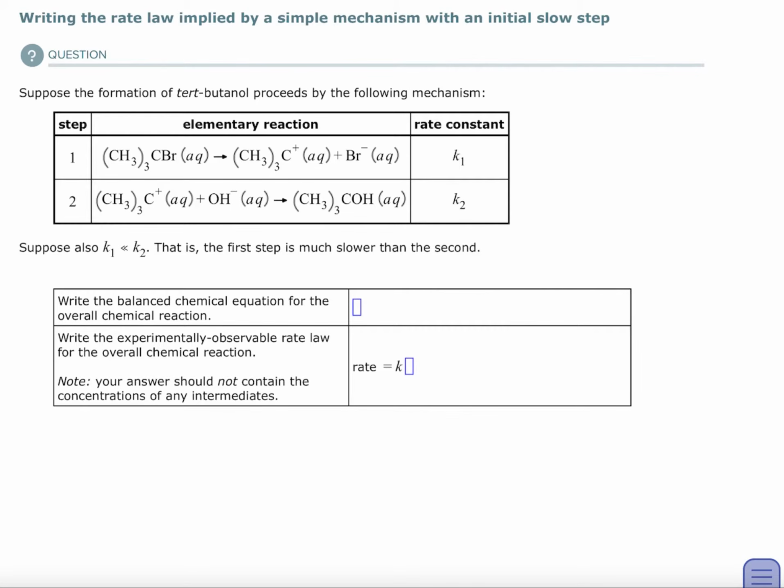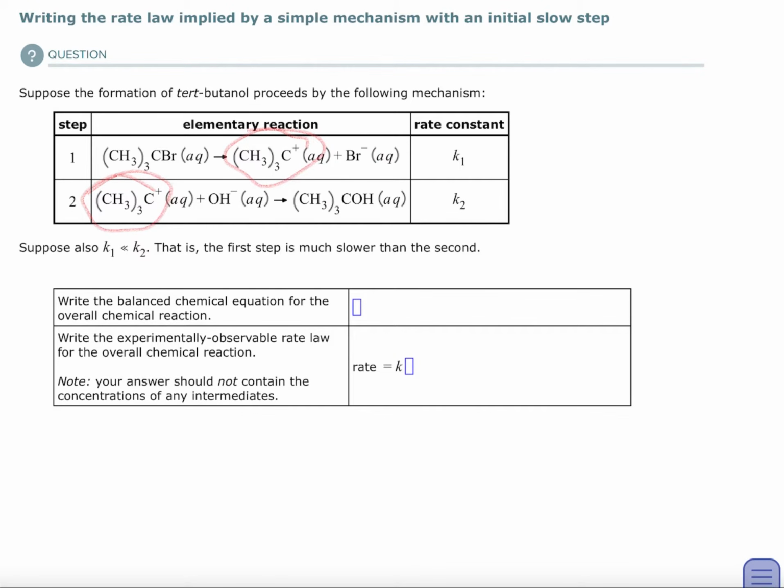If you have the first step as slow, then that's actually the easy way to do it. If the second step was slow, what you're going to find is that in the second step, you've got an intermediate. You've got something that was made in the first part of the reaction that was used up in the second, and you never see it again.